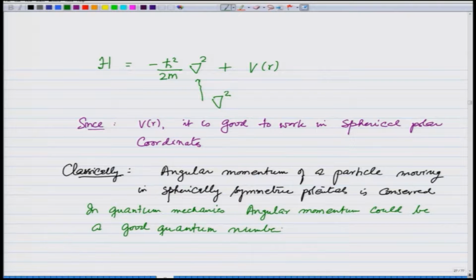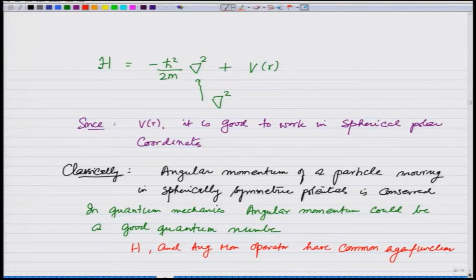And what do we mean by that? That means that the H and angular momentum operator have common eigenfunctions.